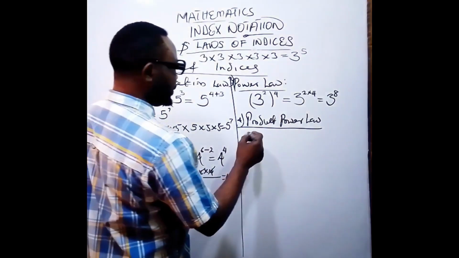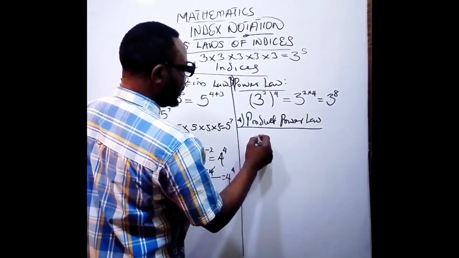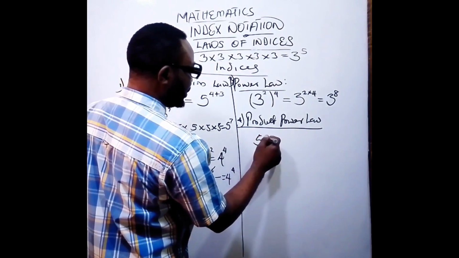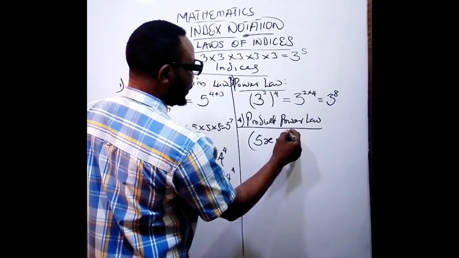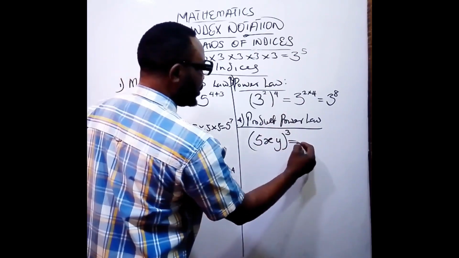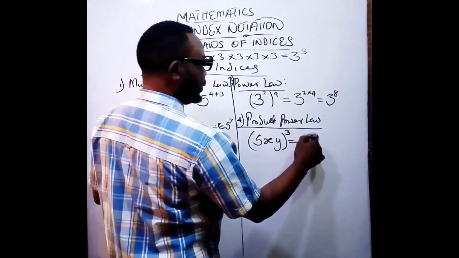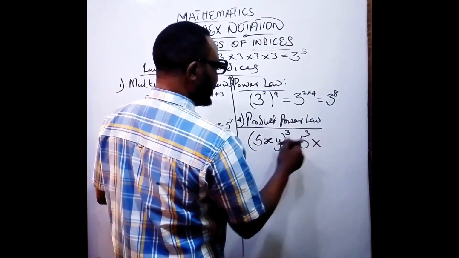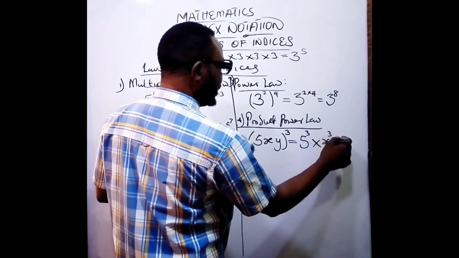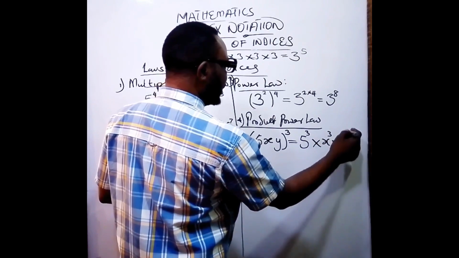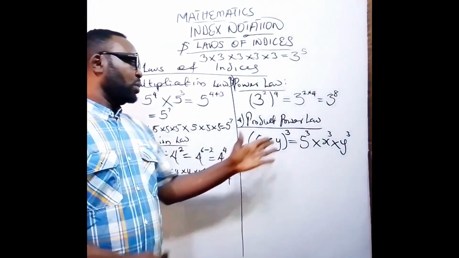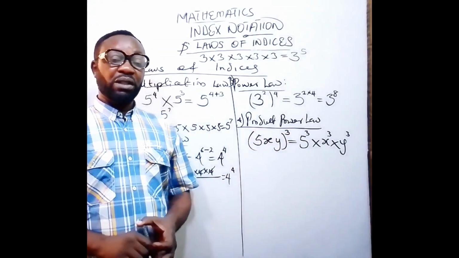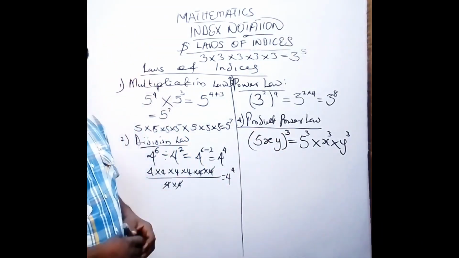If you have, for example, 5xy raised to the power of 3, this will be equal to 5 raised to the power of 3 multiplied by x raised to the power of 3 multiplied by y raised to the power of 3. Each of them will have a share of this power value that is outside like this. So take note of that one as well.